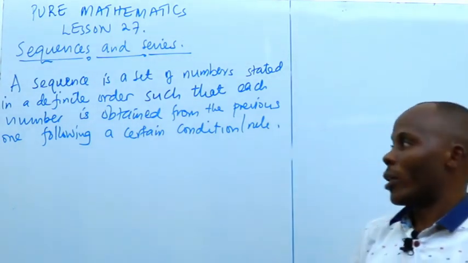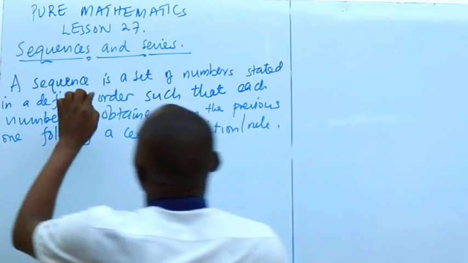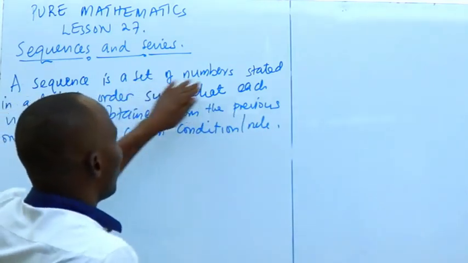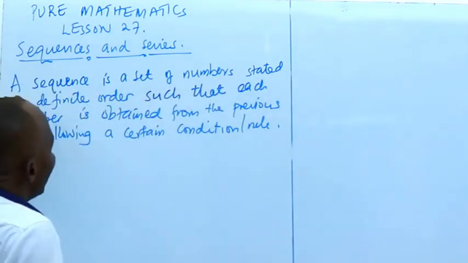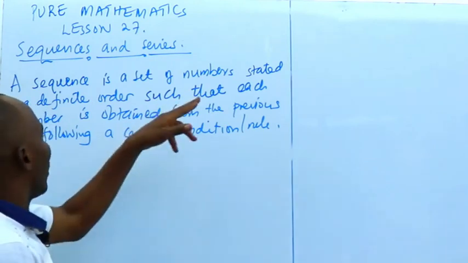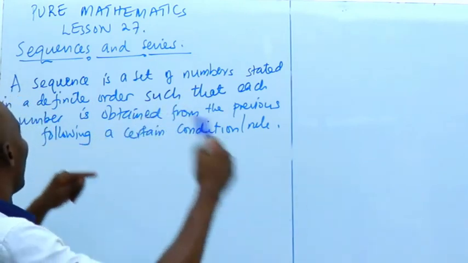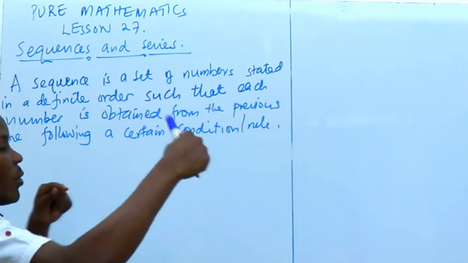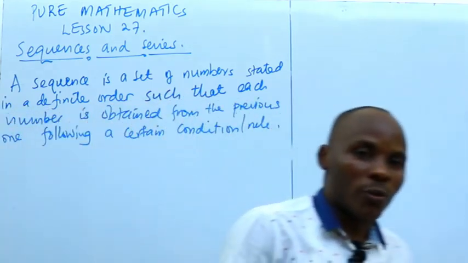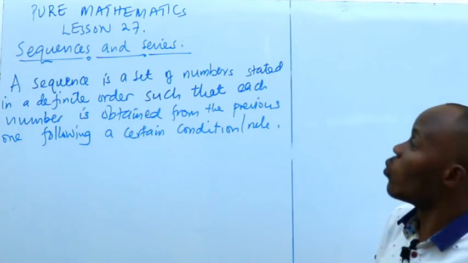What am I trying to say? A set of numbers stated in a definite order, such that each number is obtained from the previous one, but following a certain rule.